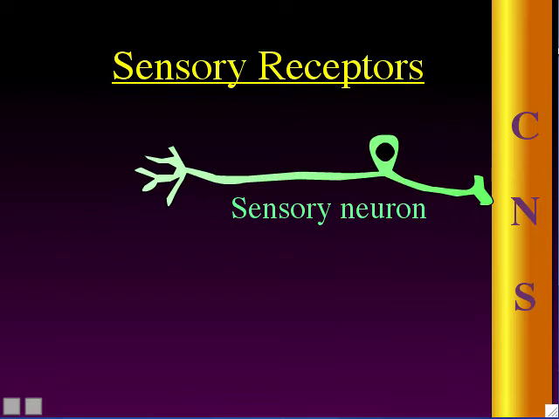Now, with some sense organs, the sensory receptors send the sense signal directly to the brain through cranial nerves. Remember, cranial nerves are nerves that connect directly to the brain. But other sense organs send their sense signals first into the spinal cord, and then those signals go up the spinal cord to the brain.